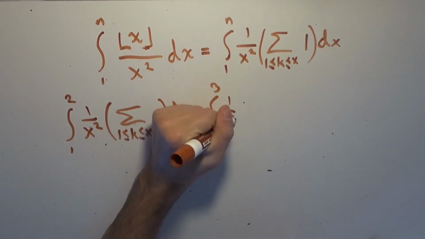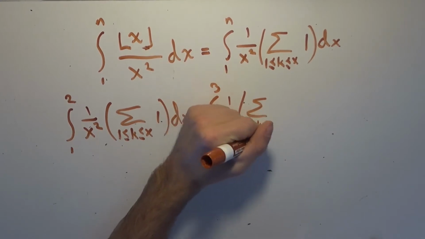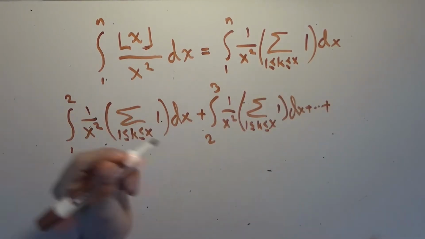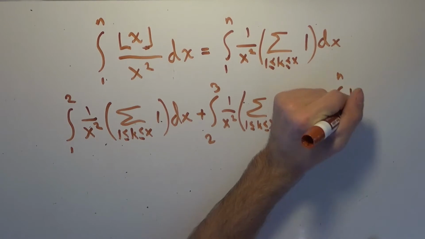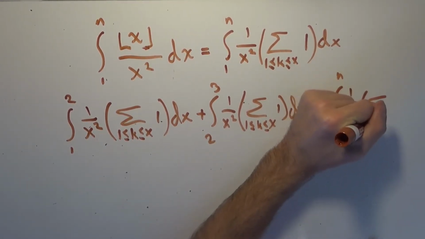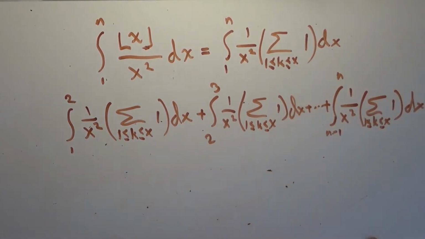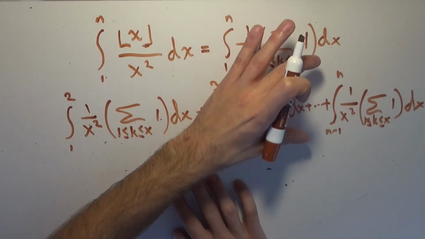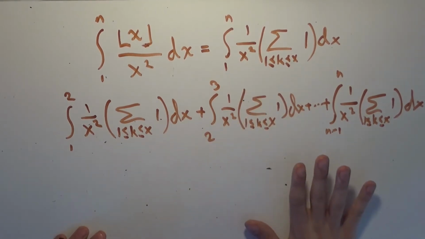So 1 over x squared times the sum from 1 less than or equal to k less than or equal to x of 1 dx, plus dot dot dot all the way up to the n minus 1 to n. So 1 over x squared times the sum from 1 less than or equal to k less than or equal to x of 1 dx. So I hope that's clear what I'm doing. I'm just adding up 1 to 2, then 2 to 3, then all the way up to n minus 1 to n, which is going to all combine together to give you this integral right here. I hope that's clear, right?